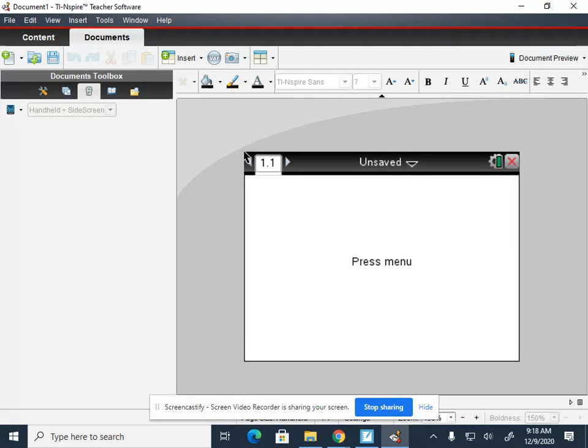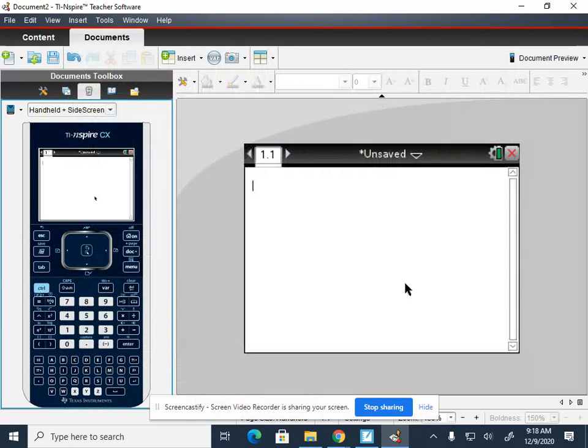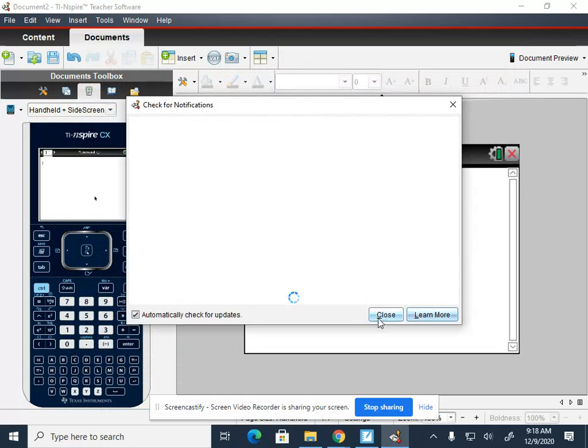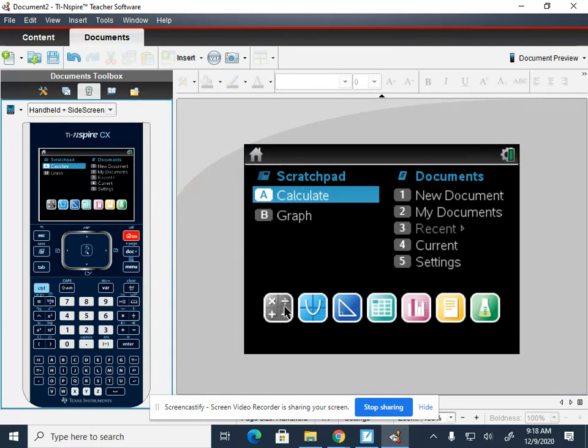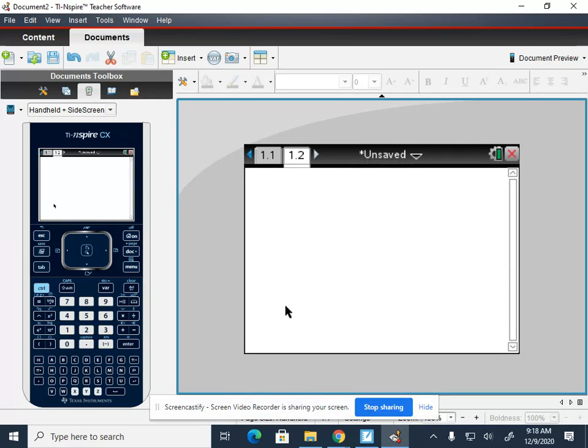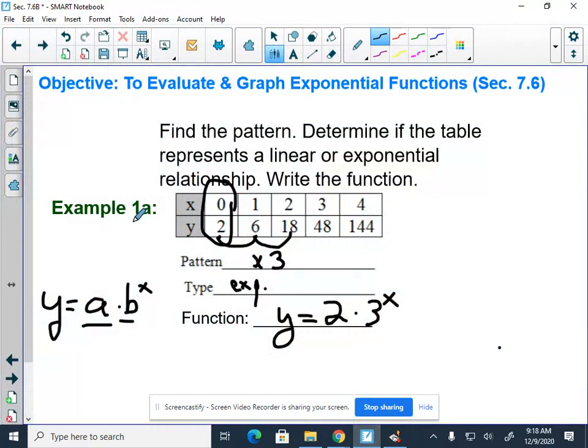You could do this on a computer screen, right up in the top. You could type it in. We can go 2 times 3 to the 0. Now what I'm putting in is 0 for x, and when I put in 0, it gets me 2.